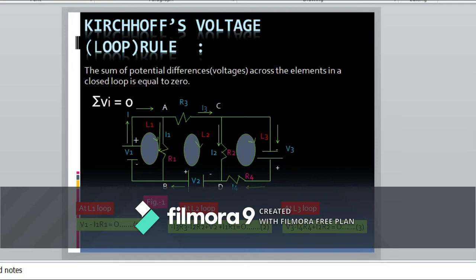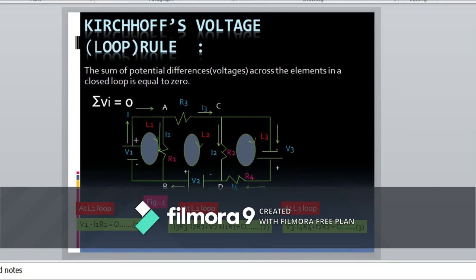Hence, it is regarded as plus V. Similarly, when current flows across a resistor, there is potential loss, so it is minus IR.